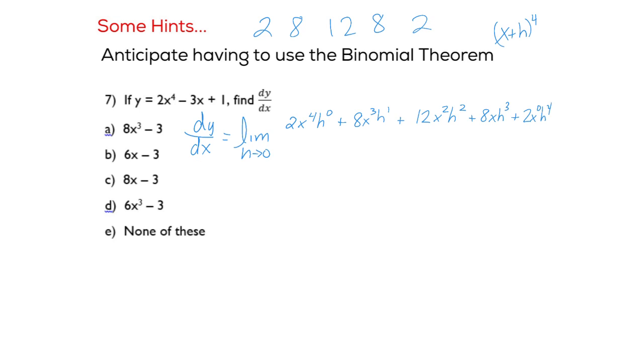Okay, here's the thing. It feels like, oh, I got plenty of room, except I've hardly started. All I've done is plug the x plus h in here. Now I have to plug the x plus h in right here and take it times a negative 3. So it's like a negative 3 times x plus h. So that's going to get me a negative 3x minus 3h, and then a plus 1.